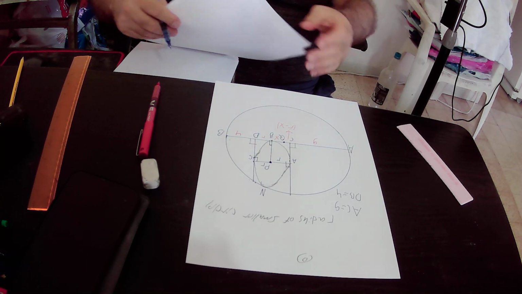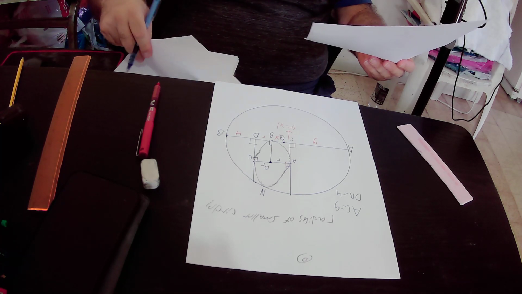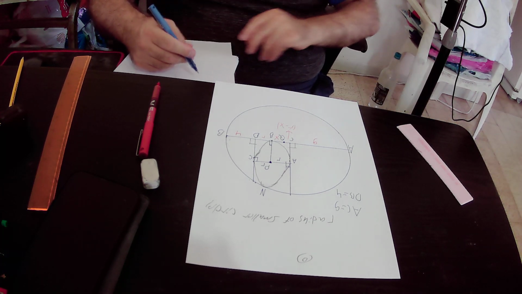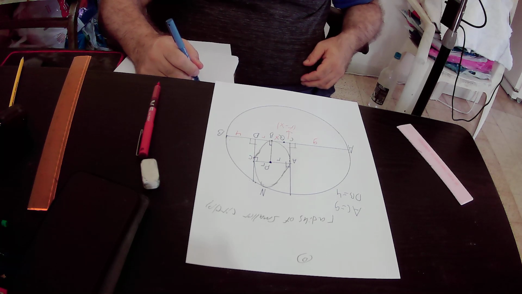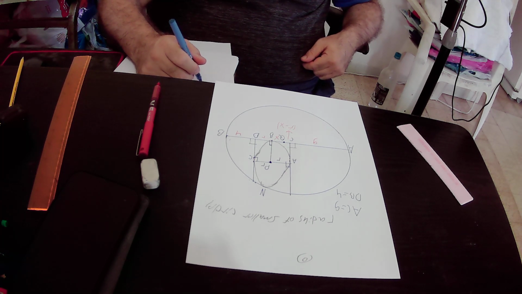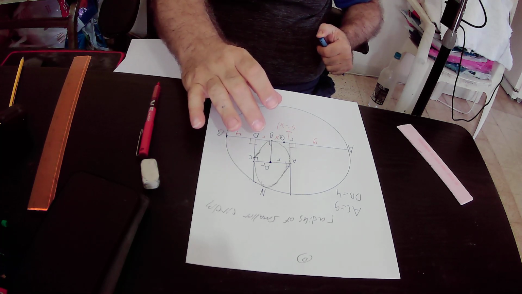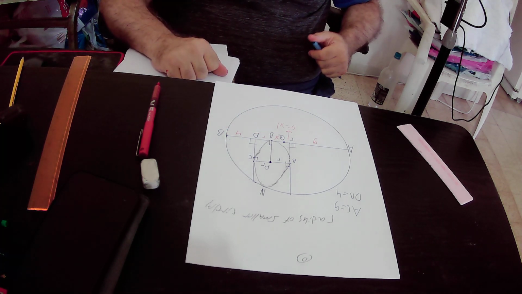Then we have a rule that states that when there is an internal lunge between two circles, then the distance between the centers of the circles is actually equal to the difference between the radiuses of the two circles.